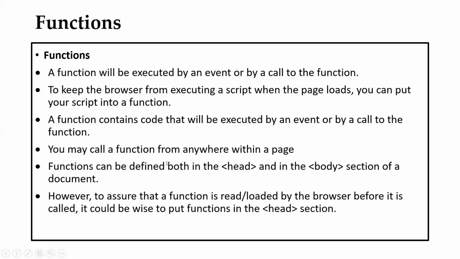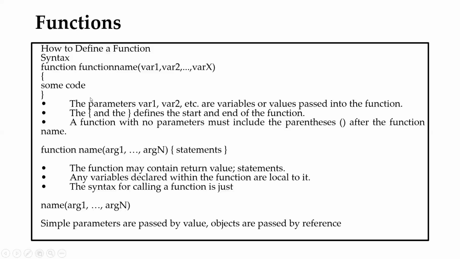You may call a function from anywhere within the page. Functions can be defined in both the head section or the body section of the HTML document. To assure that a function is loaded by the browser before it is called, define it before the form is loaded. So this is the function definition.